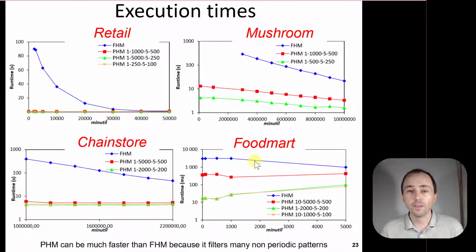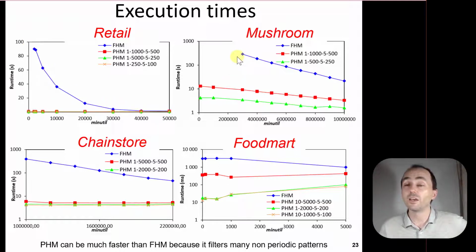Now we did some other experiments about the execution time. We look now at the time for each database we tried. And we can see here in blue we have FHM, and the other lines are the new algorithm, PHM. We can see it is much faster than the blue line.